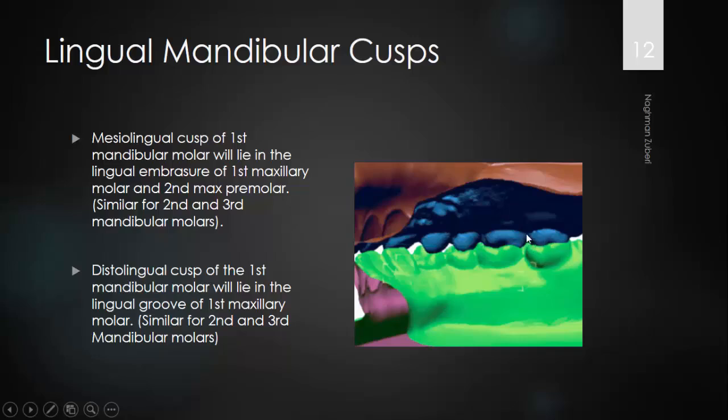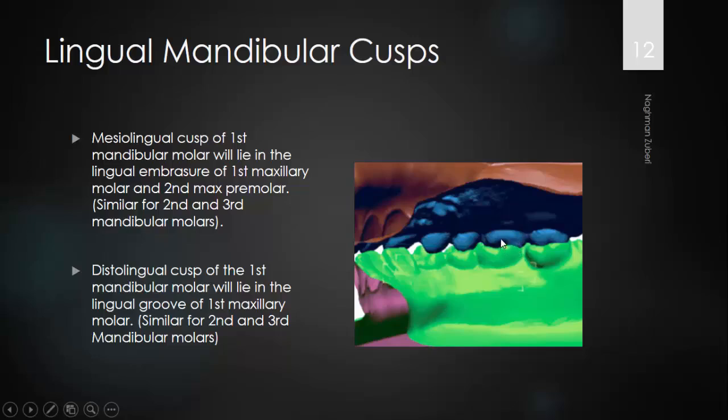Distolingual cusp of the first mandibular molar will lie in the lingual groove of the first maxillary molar. There is always a groove over here, the lingual groove, and the distolingual cusp will be lying just in the lingual groove of the maxillary first permanent molar.